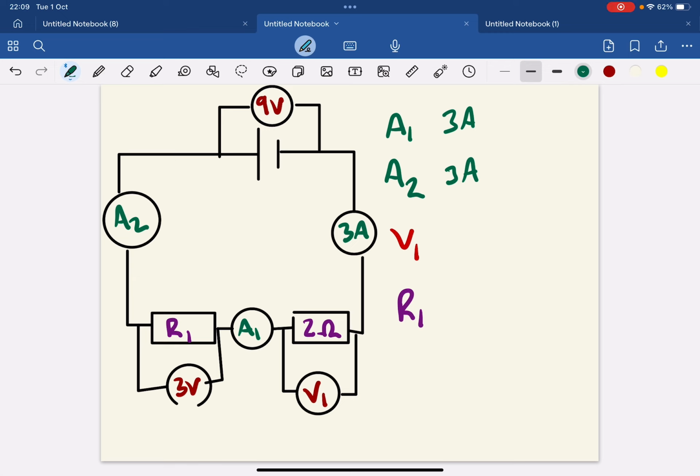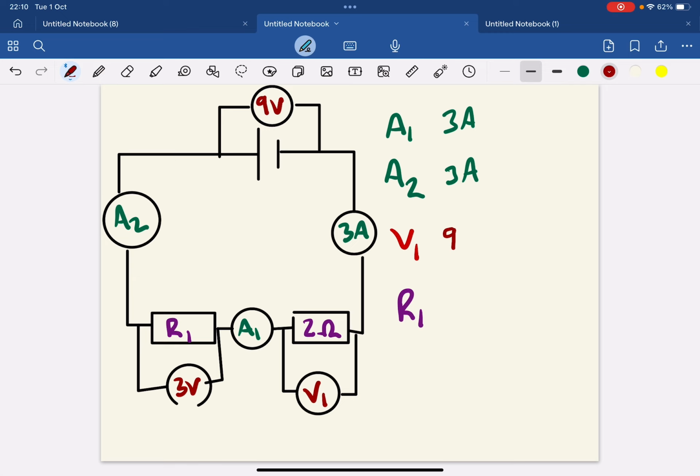Now in a series circuit, the potential difference of all the components equals our total potential difference because it's shared amongst the components. So our total is 9 volts. So the potential difference of our two resistors here would also equal 9 volts. So we know it should equal 9.